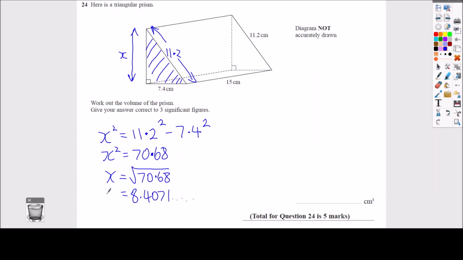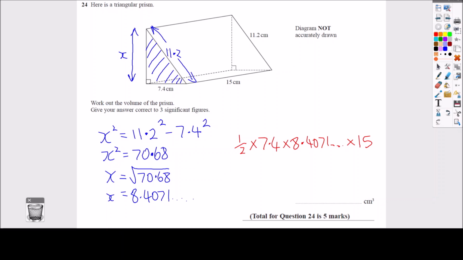Now I'm going to leave that in my calculator so I get a very accurate answer. So my final answer for the area of the triangle is going to be half times the base, which is 7.4, times the height that I've just worked out, which is 8.4071. And I'm going to take this and multiply that by the 15.